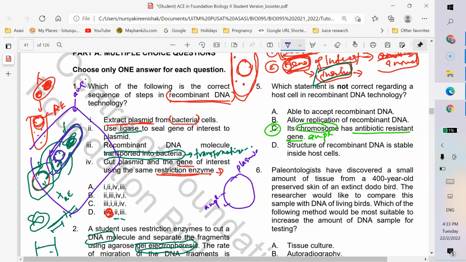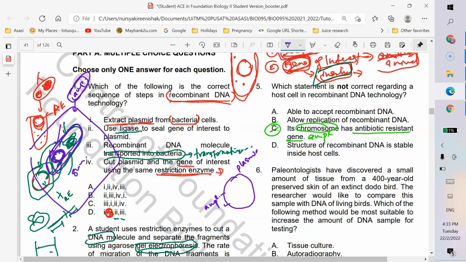Okay, so maksudnya kalau bakteria tu dia ambil recombinant plasmid, kita nak screen, kita nak analyze sama ada bakteria ni manage untuk take up the plasmid or not. Dia berjaya tak undergo proses transformation tu tadi. Okay, so kalau bakteria tu dia berjaya ambil recombinant plasmid, bila kita culturekan bakteria tu dalam medium yang ada antibiotik ampicillin, what happen to the bacteria? Dia boleh survive.